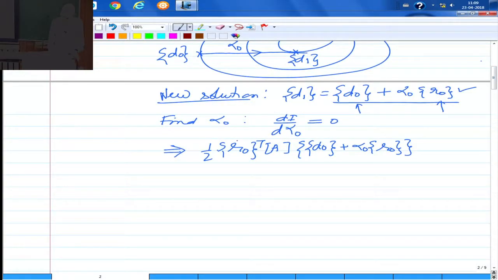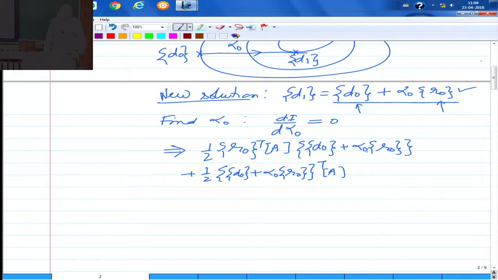That means the derivative of first into second plus first into derivative of second, which is R naught transpose into A, times d naught plus alpha naught R naught, and then the derivative of the second.